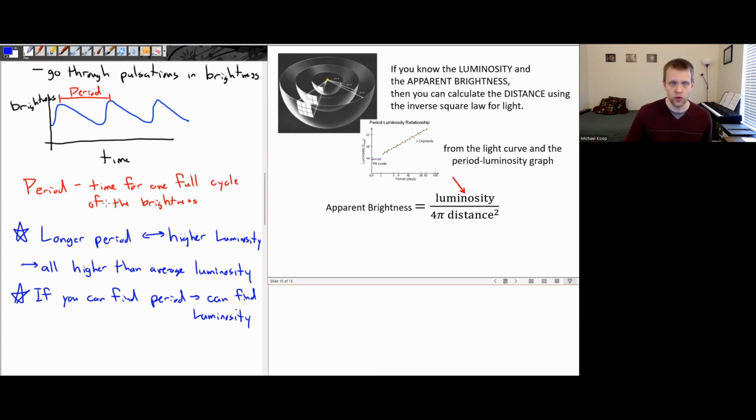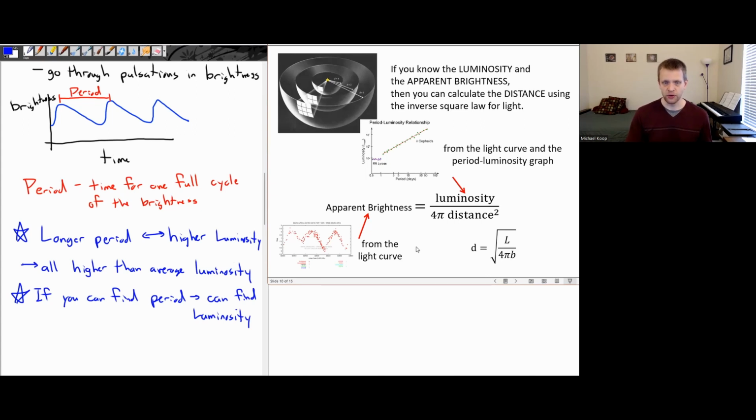I can also time those pulsations to get the luminosity. So if I know the luminosity from the period of those pulsations, and I know the apparent brightness from these light curves, I can rearrange this equation and calculate the distance to these stars.